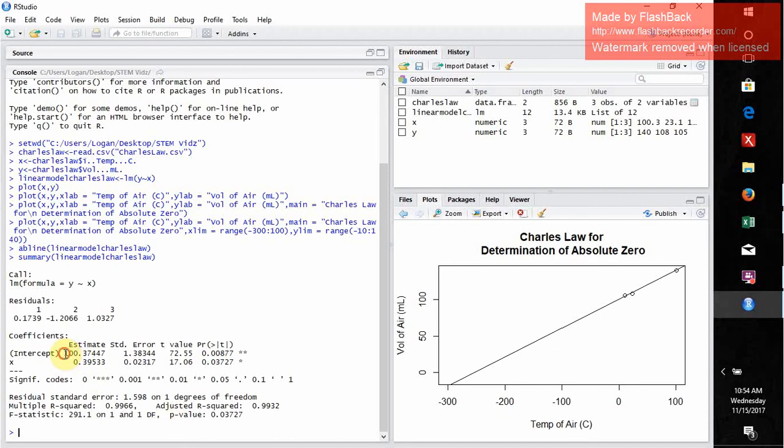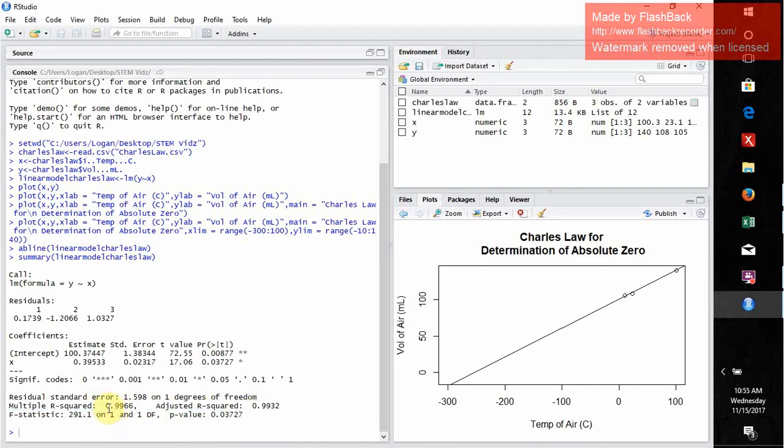So it's actually giving us a y-intercept right here. I'm going to round it to 4 sig figs, so a y-intercept of 100.4, and that's actually with units of milliliters, right? And we're getting a slope of 0.3953, and notice that RStudio gives us two r squared values, the multiple r squared and the adjusted r squared.